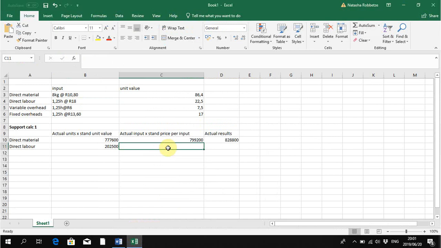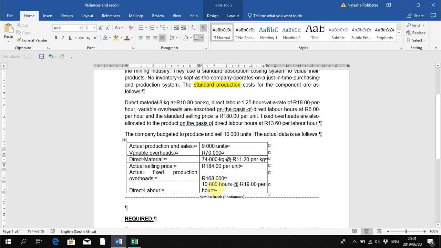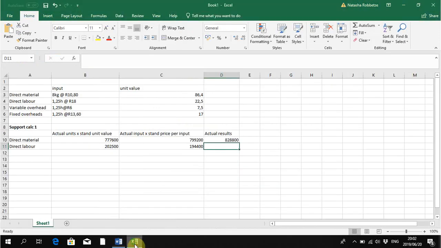So I'm going to take that 10,800 hours and multiply it by the standard price per input, which is 18 Rand. My actual results is the 10,800 hours times 19 Rand.